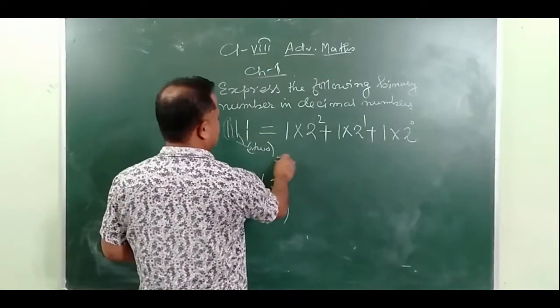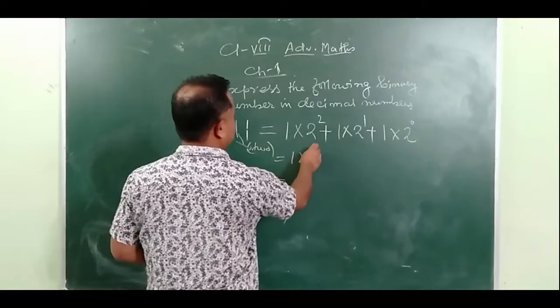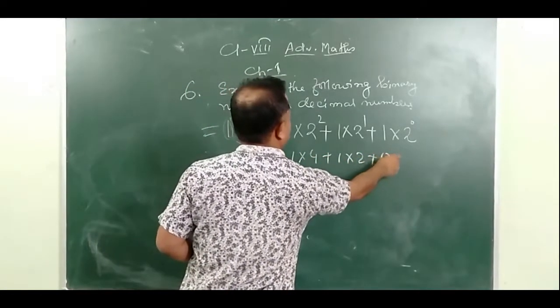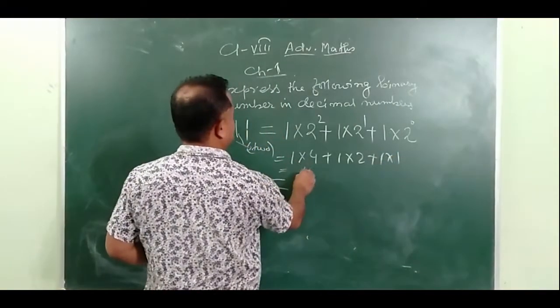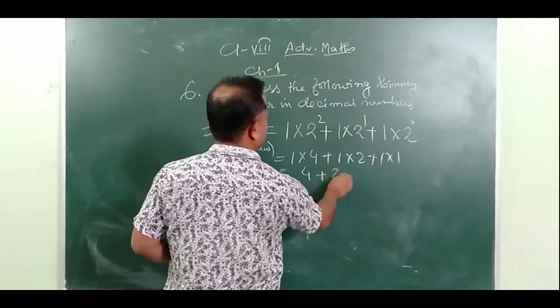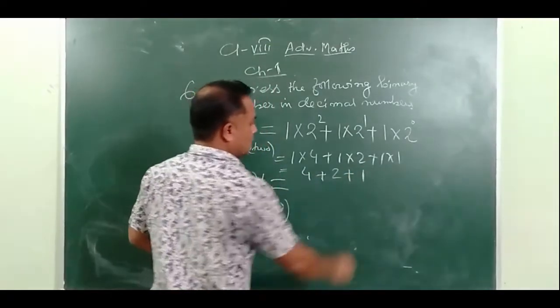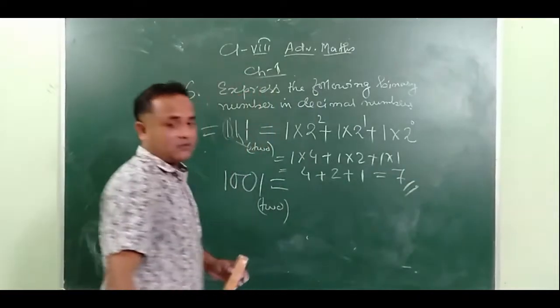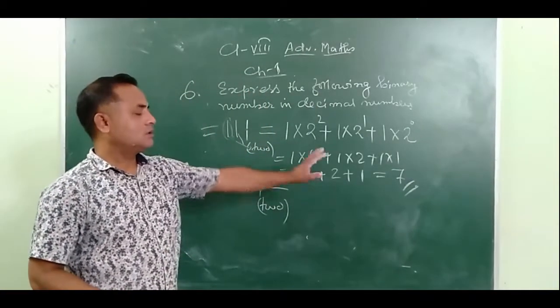So it becomes 1 into 2 to the power 2 is 4 plus 1 into 2 plus 1 into 1. That is 4 into 1 is 4 plus 2 into 1 is 2 plus 1 into 1 is 1. So it becomes 7.